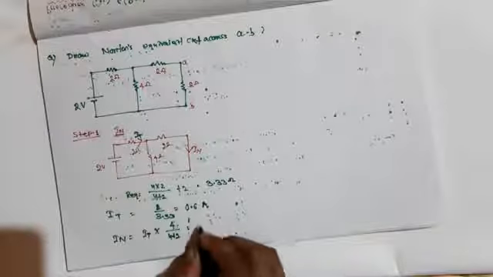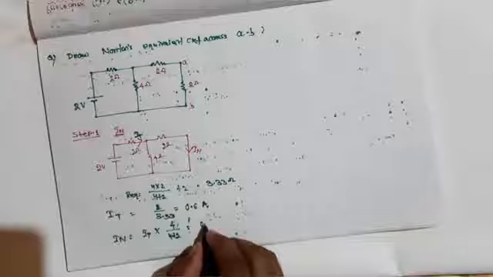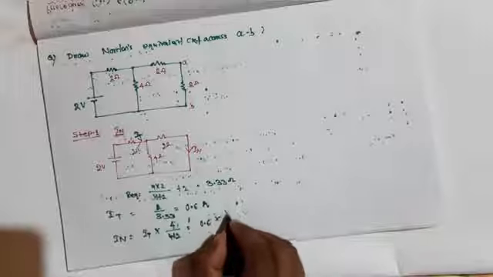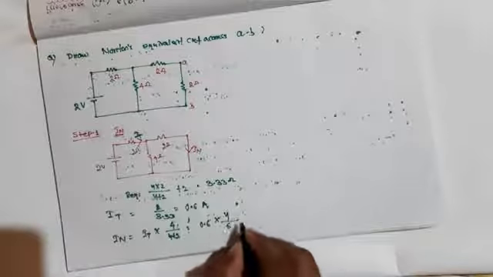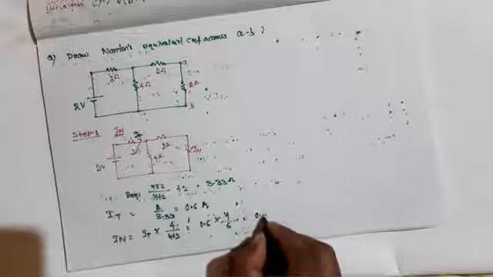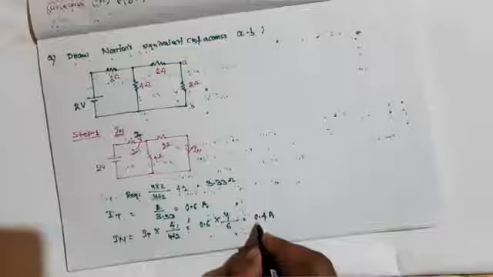Then we apply current division: IN equals IT into the opposite resistance 4 ohm divided by 4 plus 2, which is 0.6 into 4 divided by 6, equal to 0.4 ampere. So IN equals 0.4.